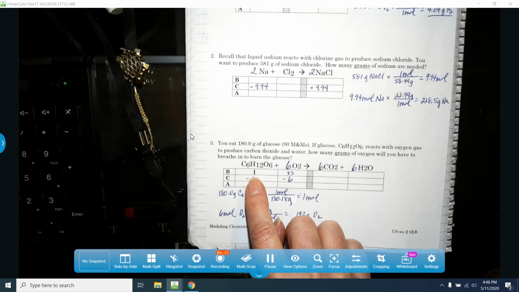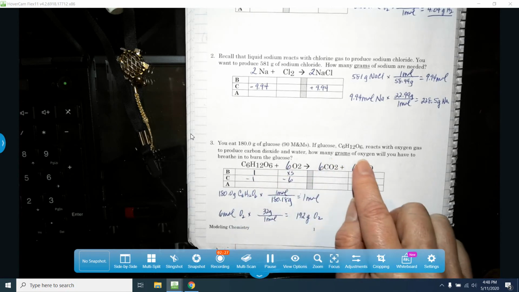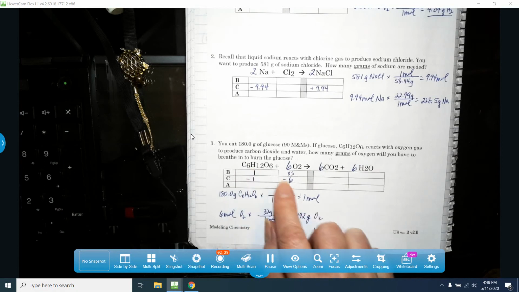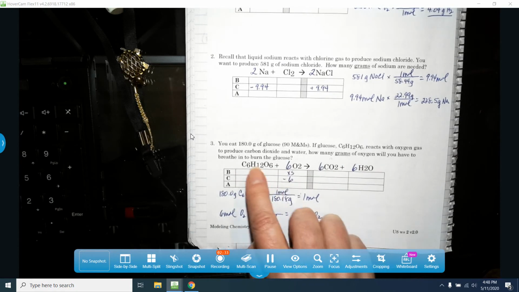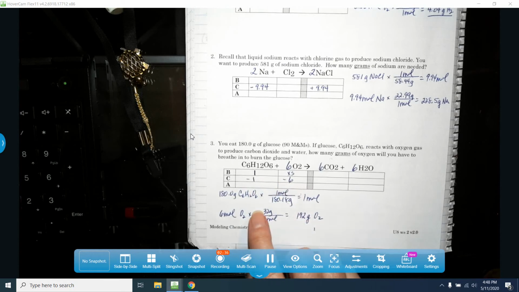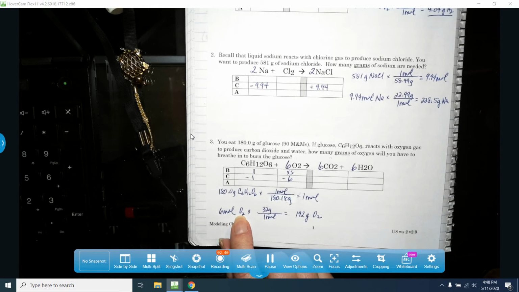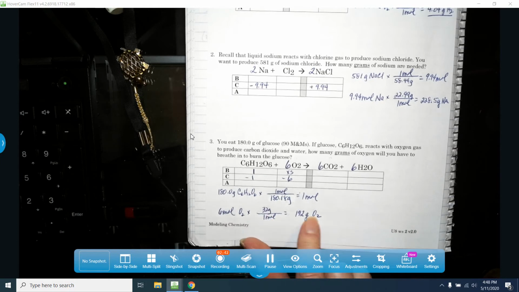Turns out to be just 1 mole. And they want to know how many grams of oxygen you will have to breathe. So we're finding this, and we can see it's a 6-to-1 ratio. So we're going to take that and multiply by 6, which you can do in your head, 6 moles of O2, and then we're going to change it to grams using the molar mass for oxygen. Okay, so that's 1, 2, and 3.